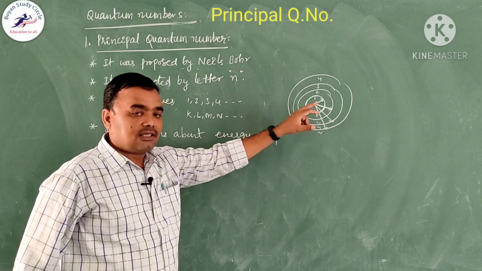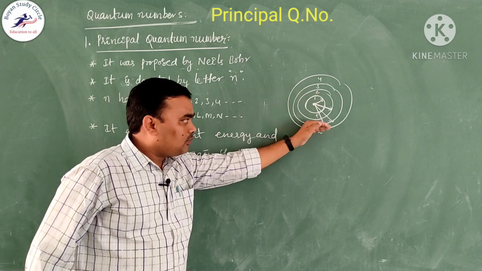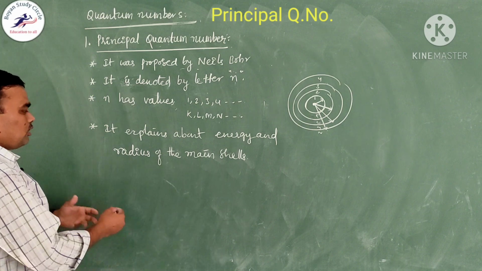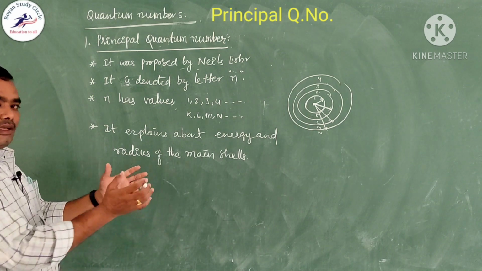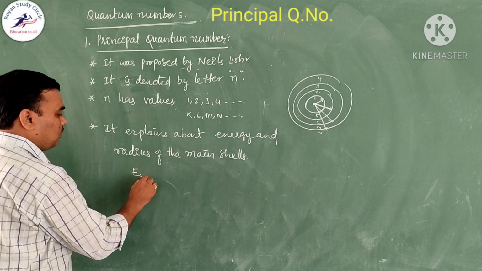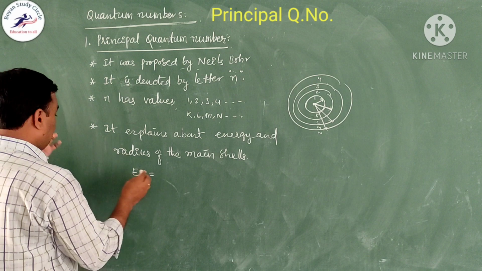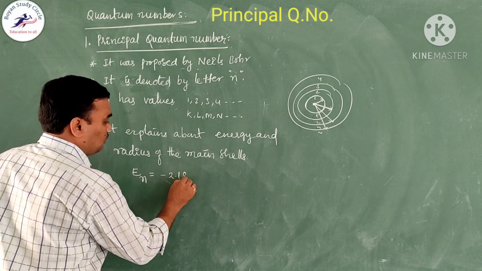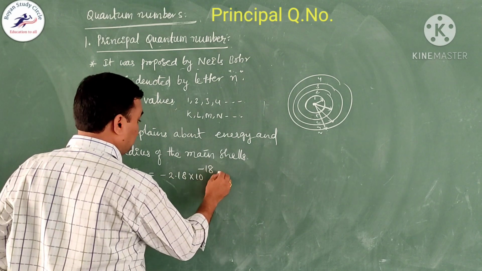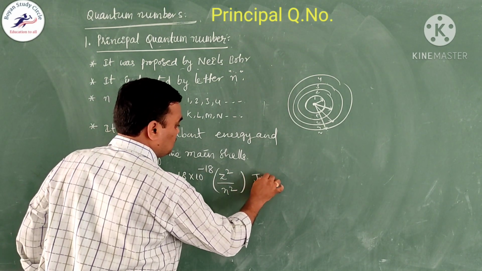Every orbit or energy level is associated with some amount of energy. As we move away from the nucleus, the energy of the orbit increases. If you want to find out the radius and energy of the orbit clearly, we have some formulas. The energy of any orbit n is minus 2.18 into 10 to the power of minus 18 Z square by n square joules.